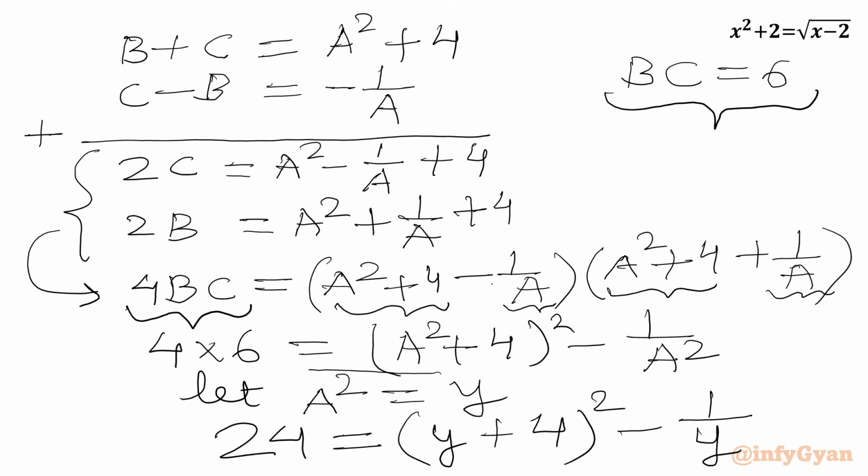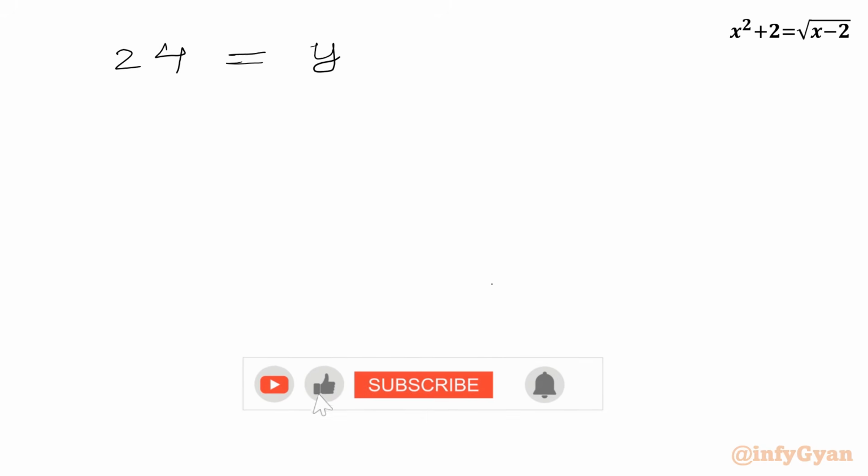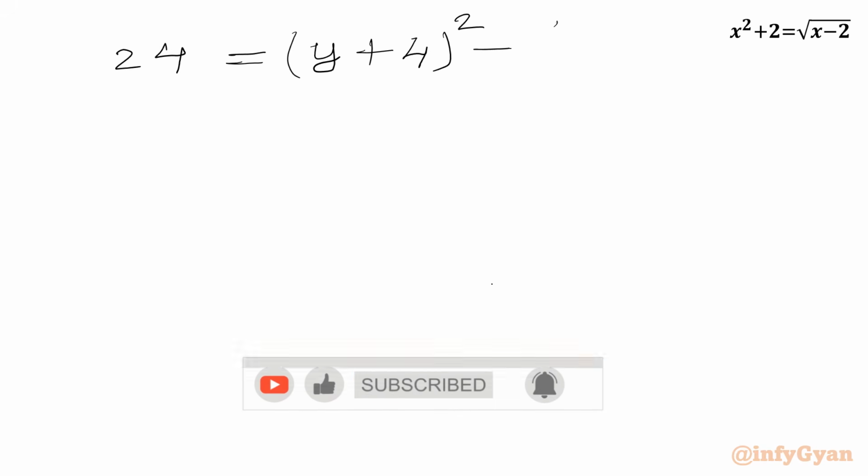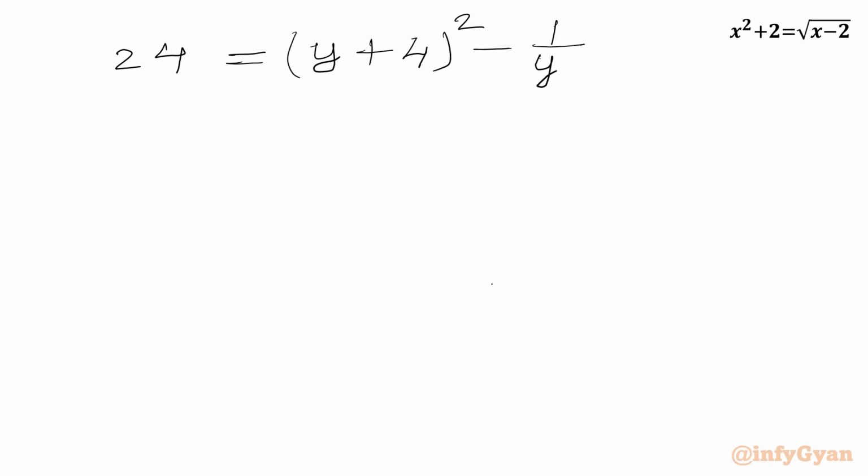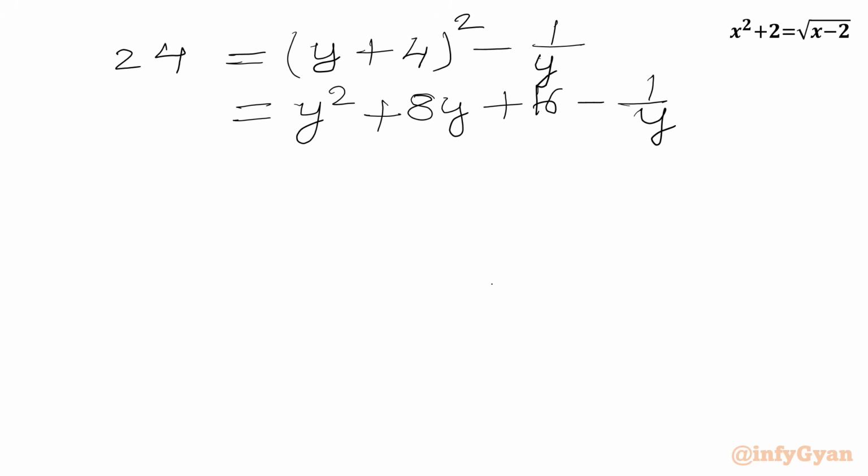Remember, a square is our y. Now we will use the (a plus b) whole square formula here. So we can write 24 equal to (y plus 4) whole square minus 1 over y. Let's expand. We'll write y square plus 8y plus 16 minus 1 over y equal to 24.